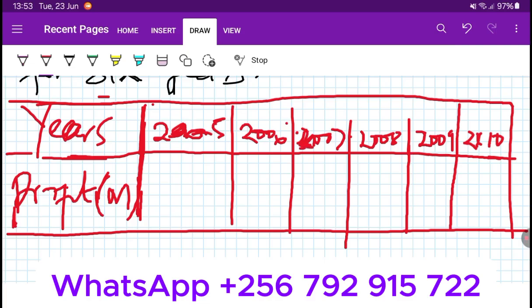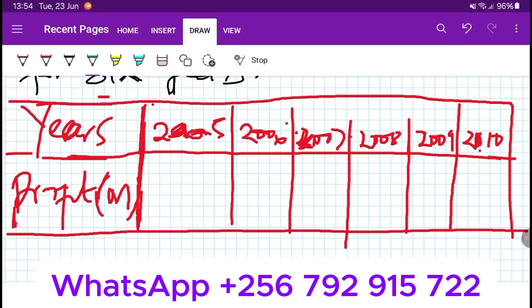You may say 2010 minus 2005, you'll find as if they are 5 years, but you start counting from 2005. So 2005 is inclusive. That's why you're seeing 1, 2, 3, 4, 5, 6. There are 6 years.